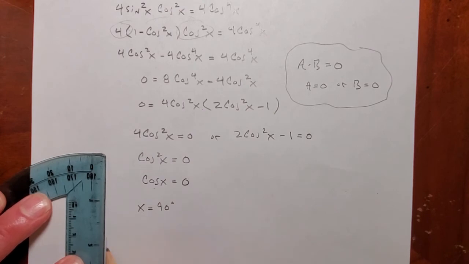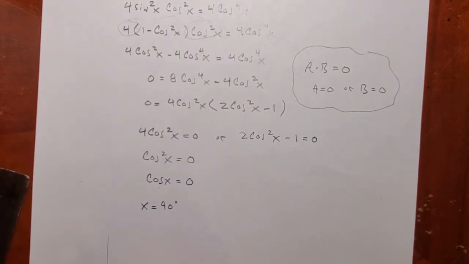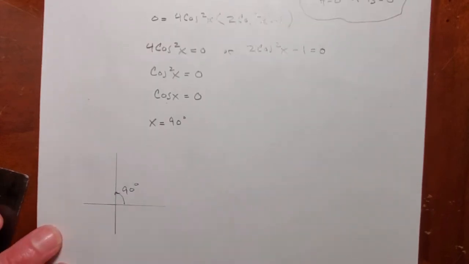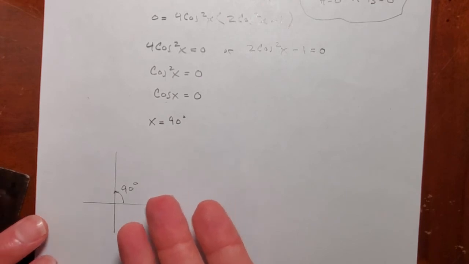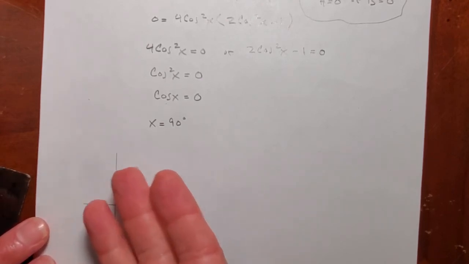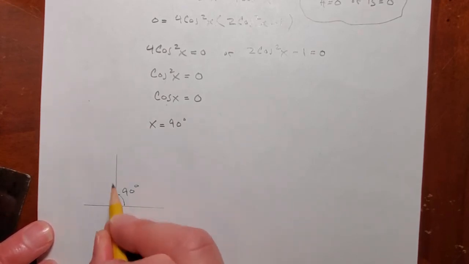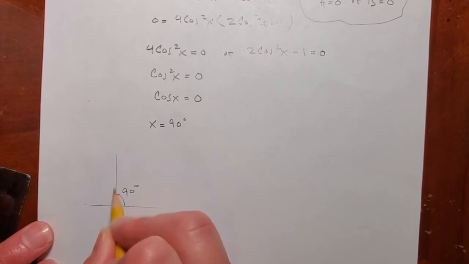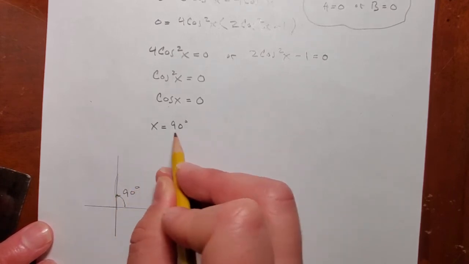Think about it like this: why is cosine of 90 degrees 0? Cosine is x over r. There's no triangle here, but going straight up, the x is 0. That's why cosine of 90 is 0.